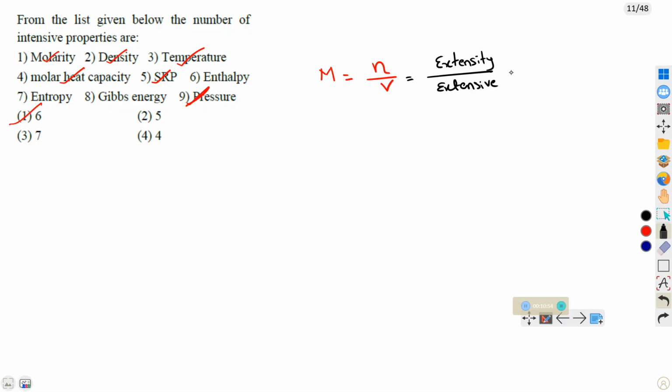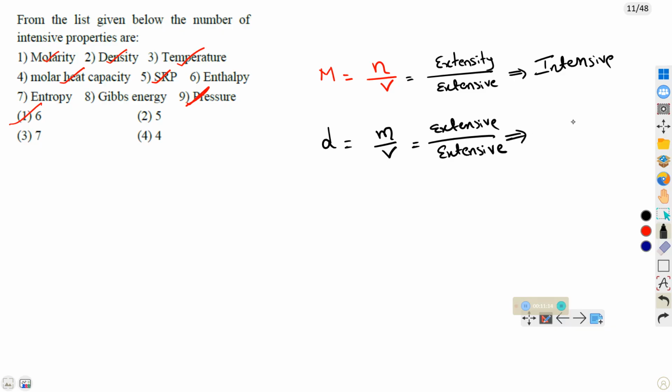The ratio between two extensive properties is an intensive property. For example, density is equal to mass by volume. Mass is an extensive property, volume is also an extensive property. The ratio between two extensive properties is an intensive property.